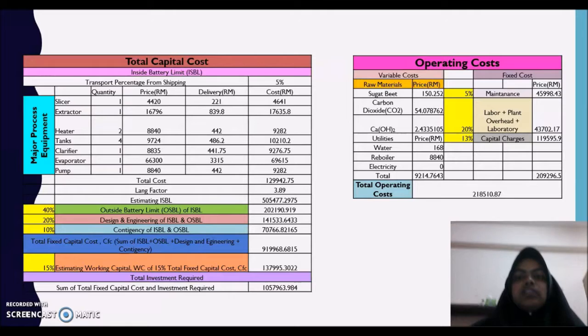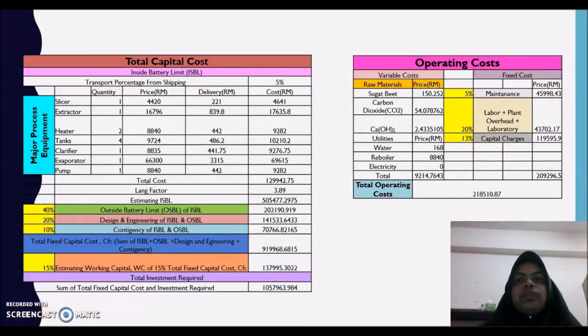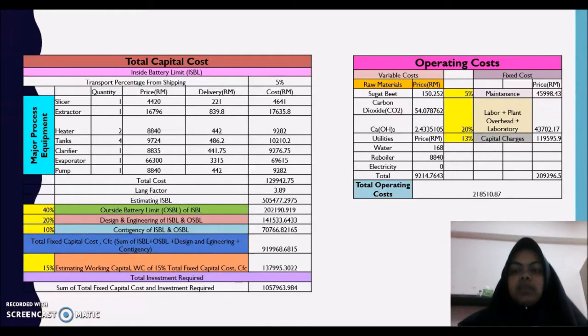Under raw materials, we have sugar beet, carbon dioxide, and calcium oxide, as we use the clarifier process, which consists of carbonation and liming. For utilities, we have water, boiler, and electricity. But the value of electricity is null because we didn't learn about the energy balance.